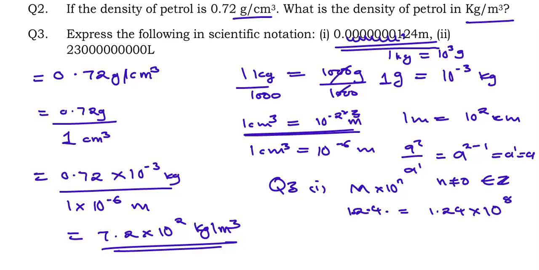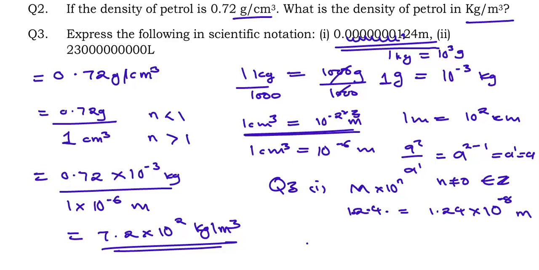Is this going to be negative or positive? This is the third question you need to ask. When a number you are converting to scientific notation is less than 1, then the exponent is going to be negative. Simple. But if that number is greater than 1, the exponent is going to be positive.